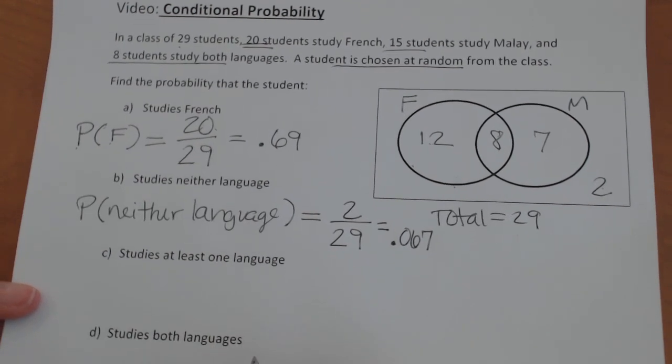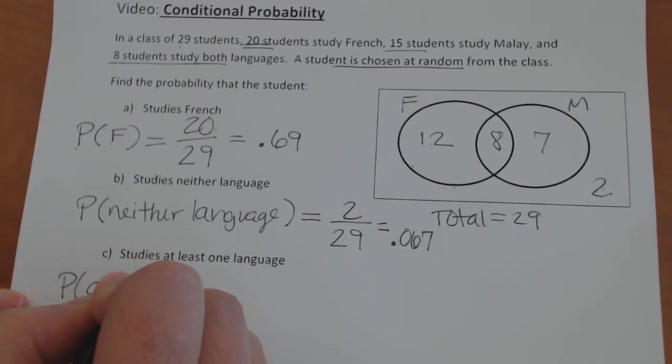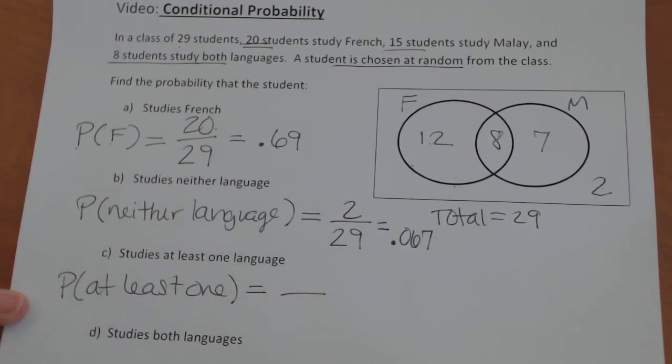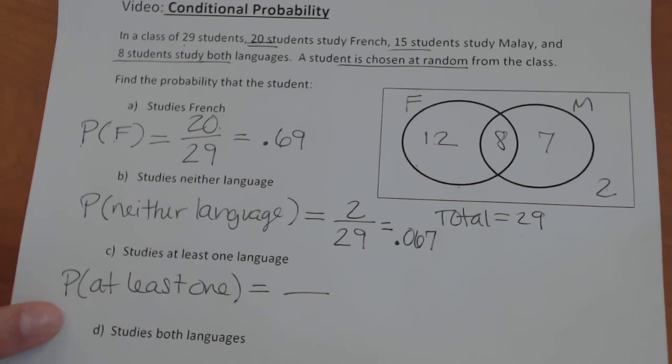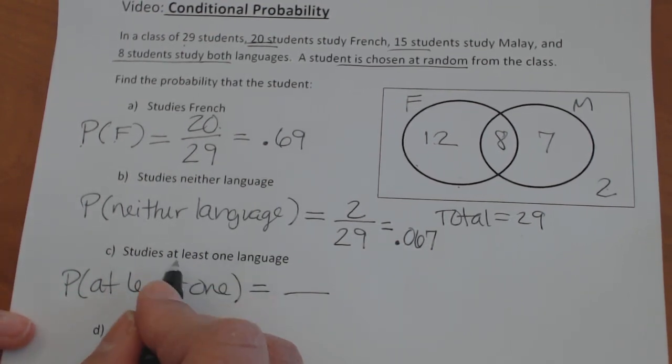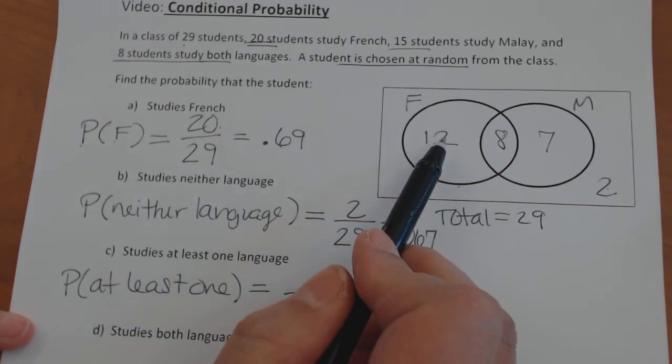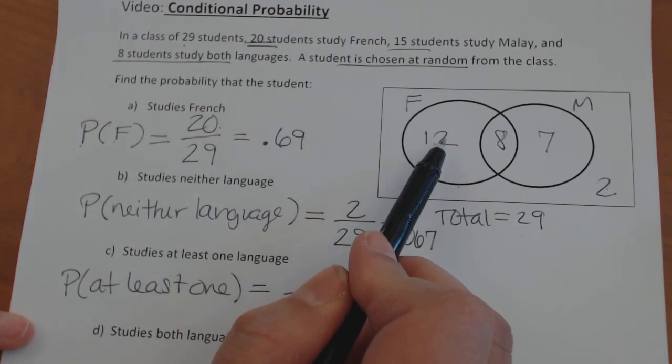Okay, next. Studies at least one language. So the probability at least one equals. Again, I just wrote P for probability, and then I wrote at least one. So this is studies at least one language. The total is again out of the whole class, so it's 29. Now, at least one. So French, these 12 just speak French.